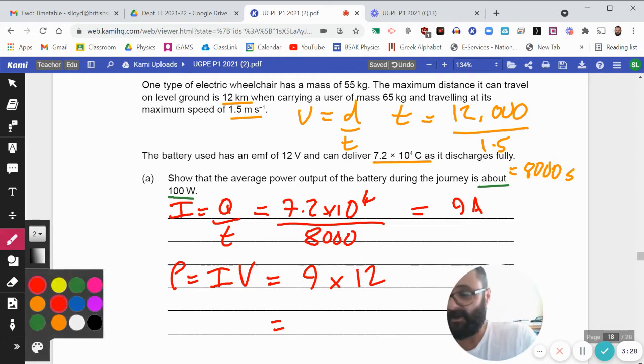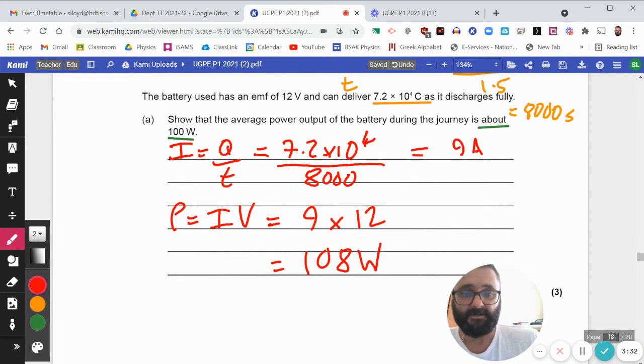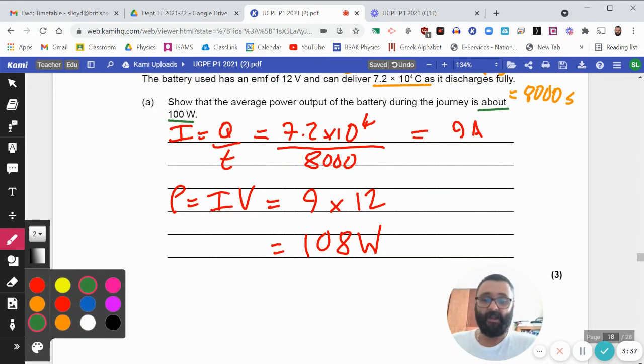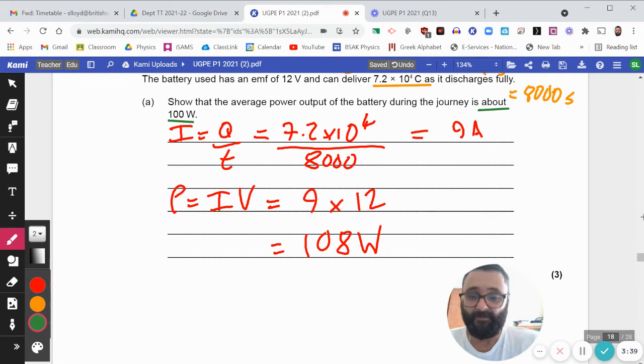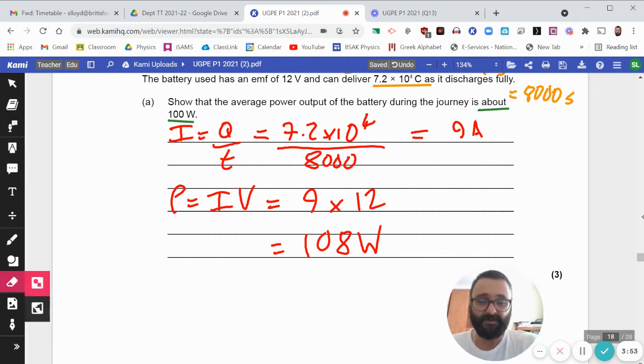Okay, so the correct answer is 108 watts. And finally, please, we don't have to then say which is roughly equal to 100 watts. We don't need to write that. An examiner will know that 108 is close to 100. They've done some maths before, trust me.